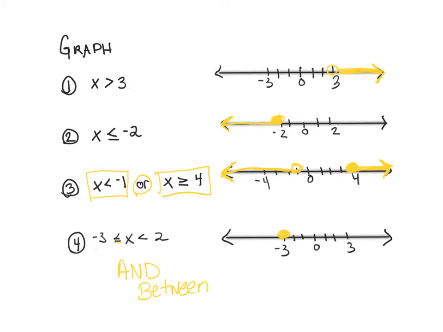The 2 here does not have an or equal to, so that means I would go to 2 and put an open circle. And this and inequality tells me that I only want the numbers that are between -3 and 2. And so I will shade between -3 and 2. So therefore -3 is included in my solution. All the numbers between and up to 2.